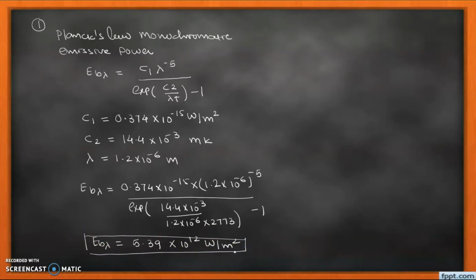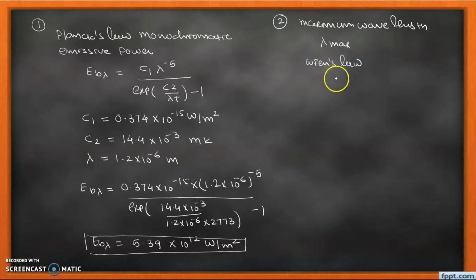Now the second is the maximum wavelength, that is indicated by lambda max. For the calculation of the maximum wavelength, we need to use Wien's law, that is lambda max into T equals 2998 micrometer Kelvin.